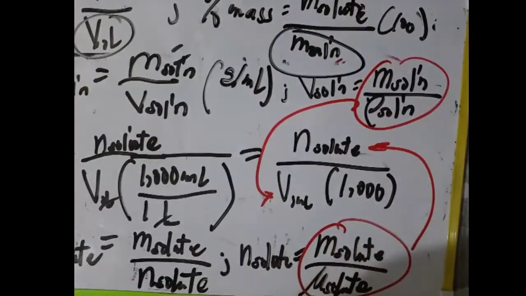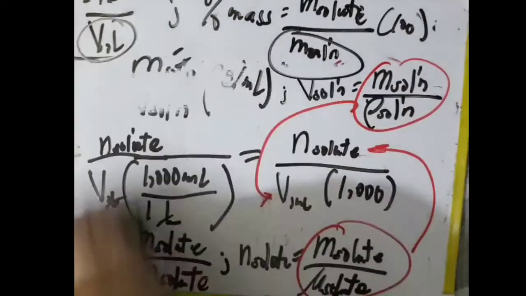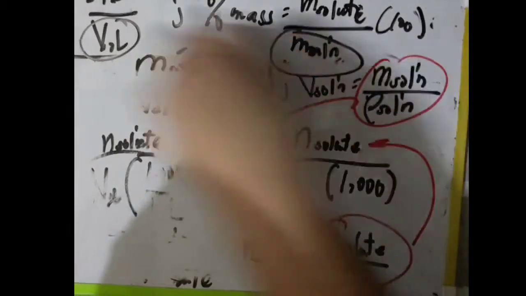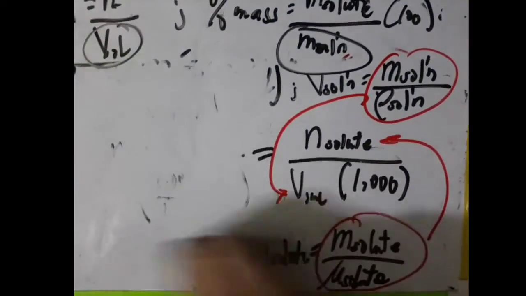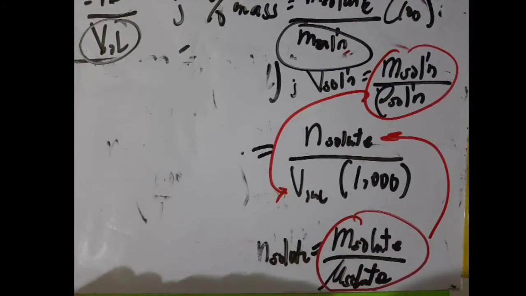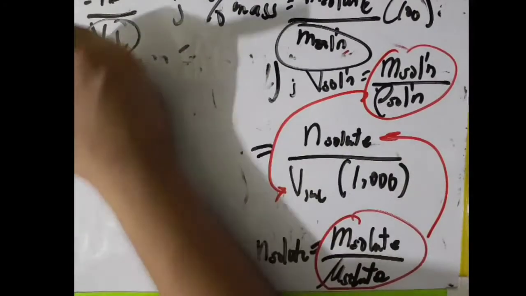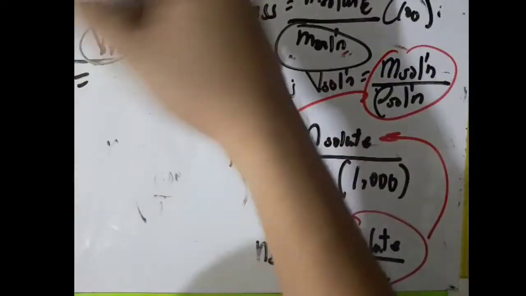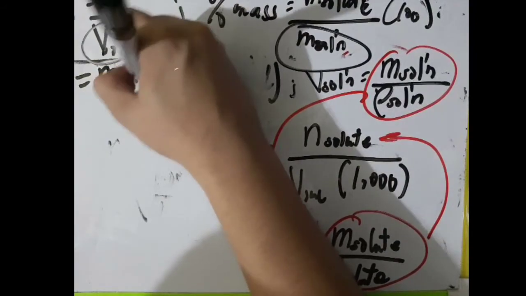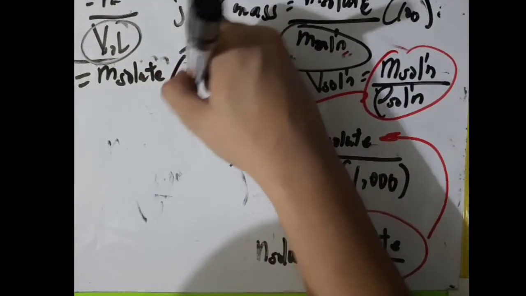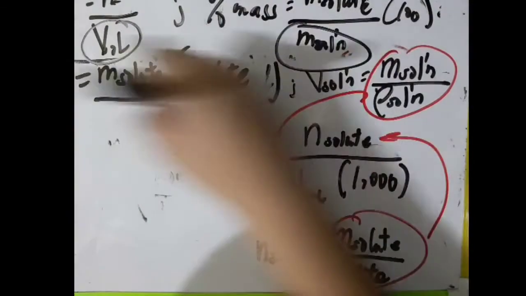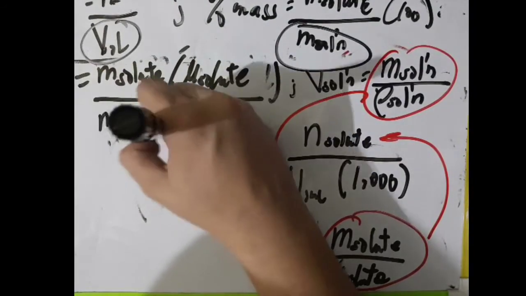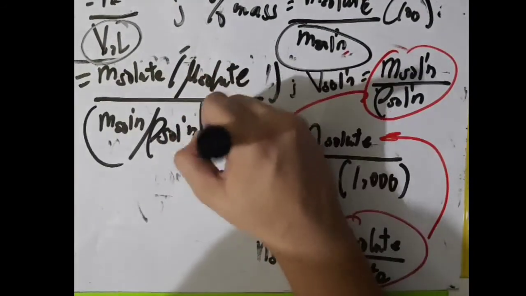What you'll get is the molarity is equal now to the mass of the solute divided by its molar mass, all over the mass of the solution divided by its density multiplied by 1000.